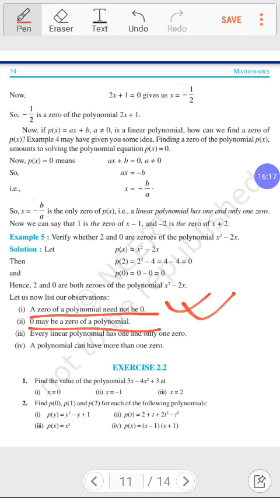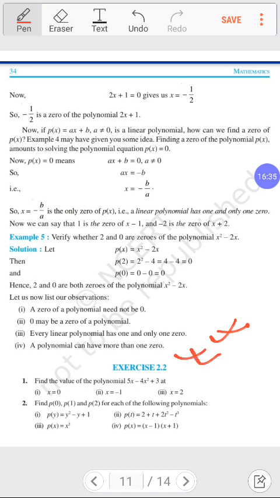Now if you see point number 3, it has been said every linear polynomial has only one zero. We had already seen in the example that every linear polynomial has only one zero, and a polynomial can have more than one zero. I had already said that a quadratic polynomial, that means of degree 2, has two zeros. If the polynomial is of degree 3, then it will have three zeros.